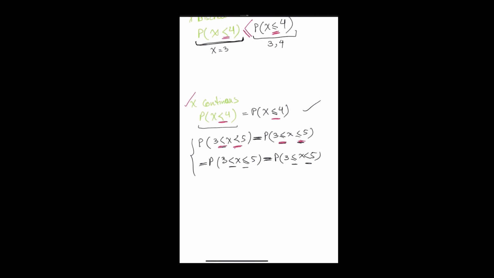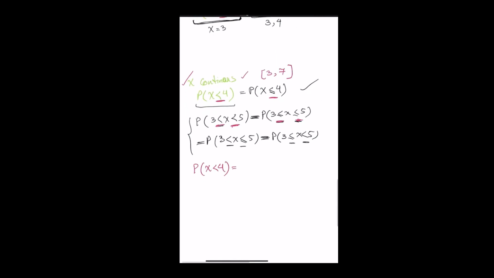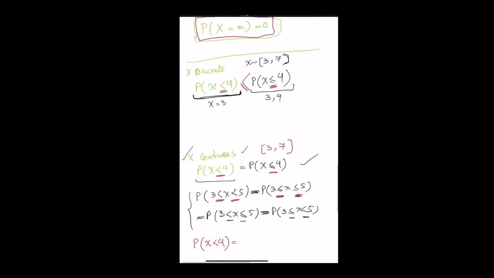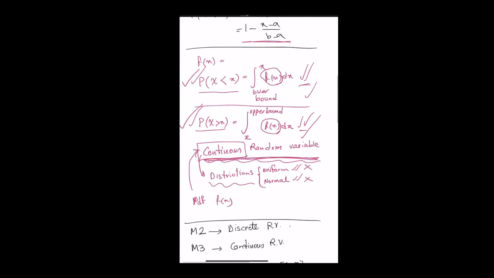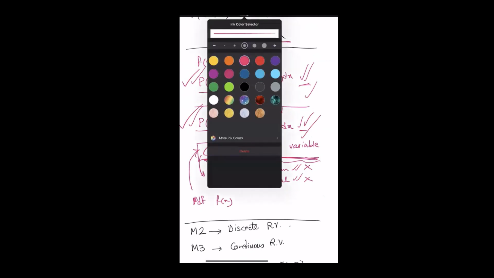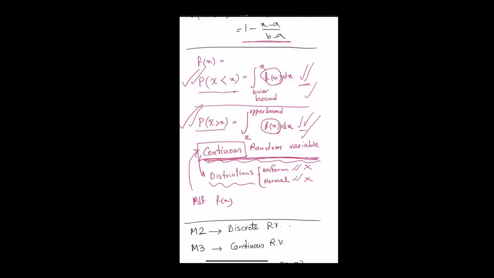Okay, so we assume x has a continuous distribution between 3 and 7, and I want to calculate the probability of x less than 4. If it's a continuous random variable, always, always we use integration. These are the rules we have to go with.